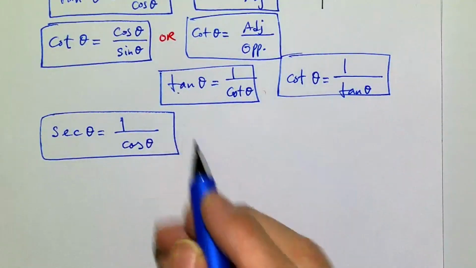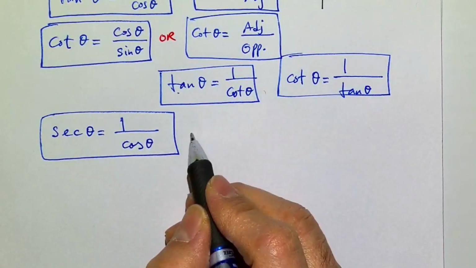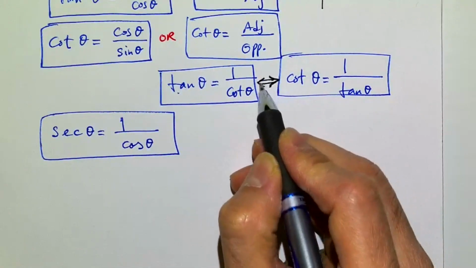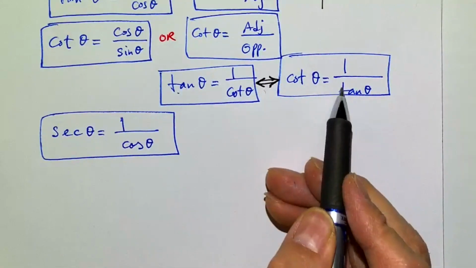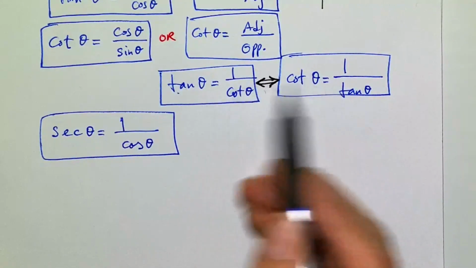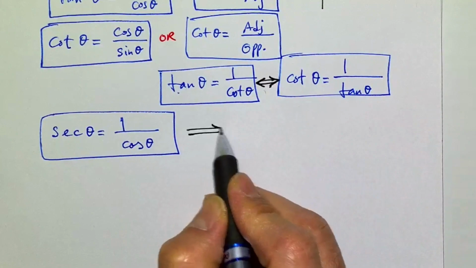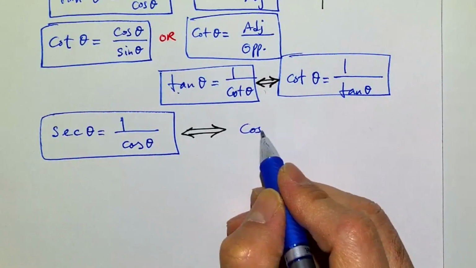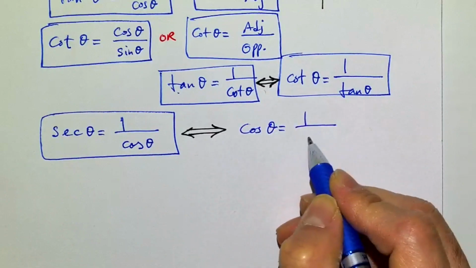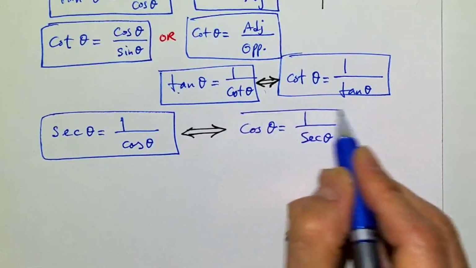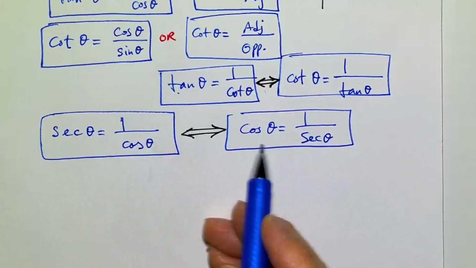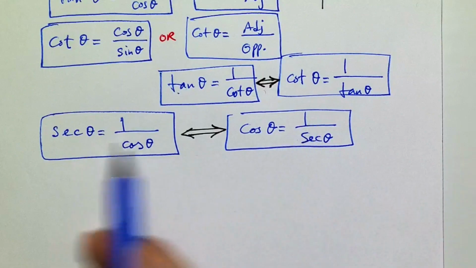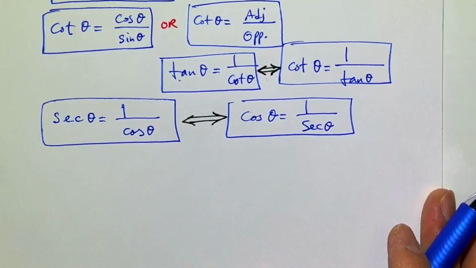Now, by the same token, let me put a double-headed arrow here, and a double-headed arrow here too, because you can go either from here to there or from here to here. These two are equivalent. The same thing we can say about the cosine and secant relationship. We can say cosine of theta is equal to 1 over secant theta. These two are equivalent to each other.